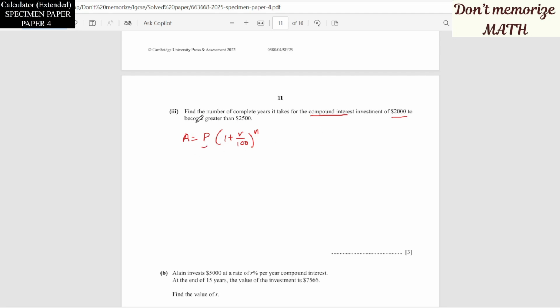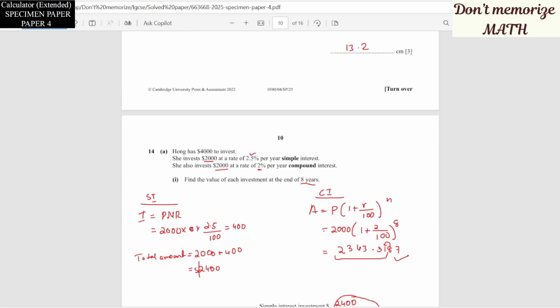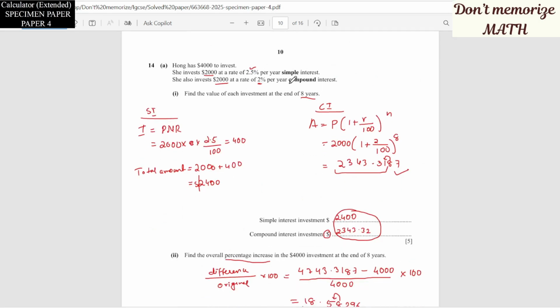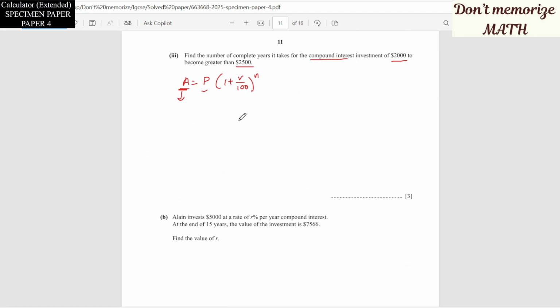Then the final amount has to become more than 2,500. We already checked 8 years, and at 8 years it hasn't reached 2,500, right? So it will be more than 8. Take the same percentage from the first part, 2% in compound interest, so R is 2. It is a continuation of the previous question.